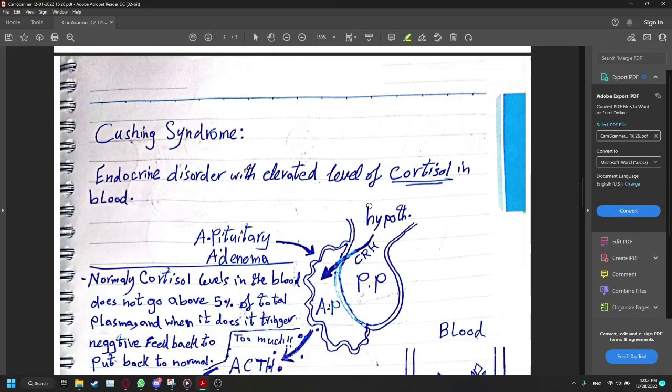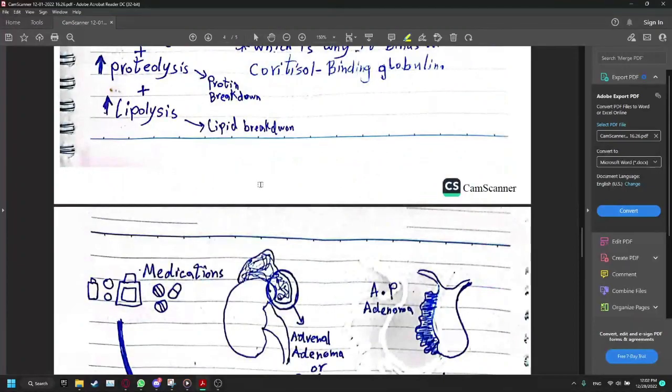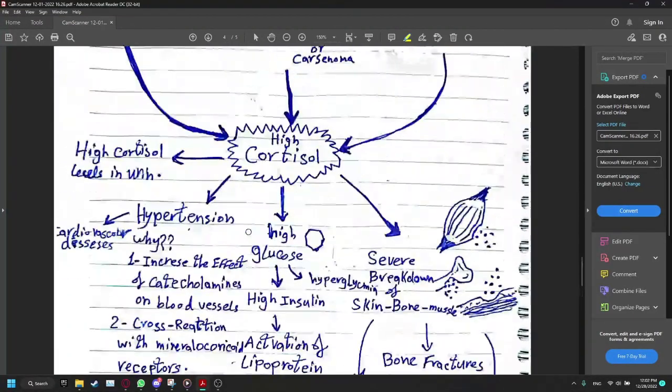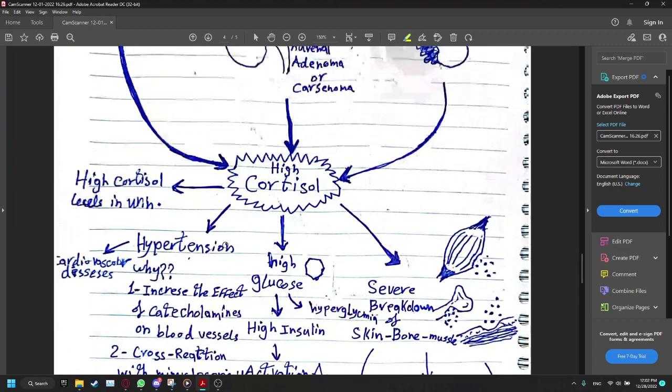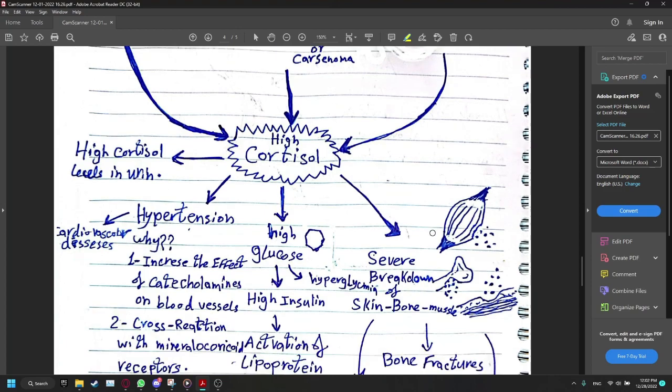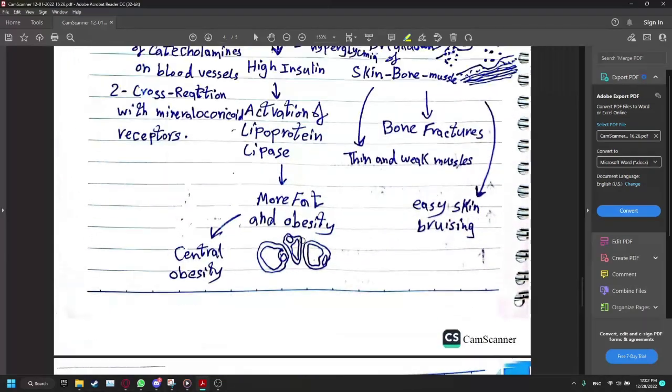It asked which of the following should be the most appropriate action? The answer is to check the cortisol levels in the urine, because when you have too much cortisol, it ends up being released into the urine, and this is how you diagnose it.